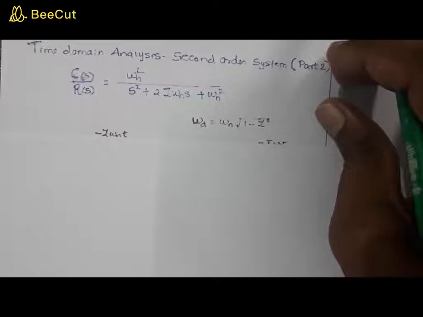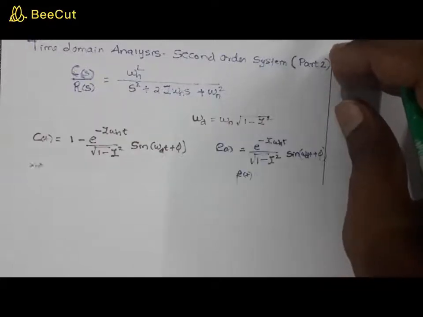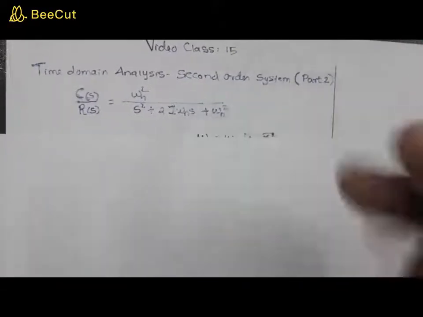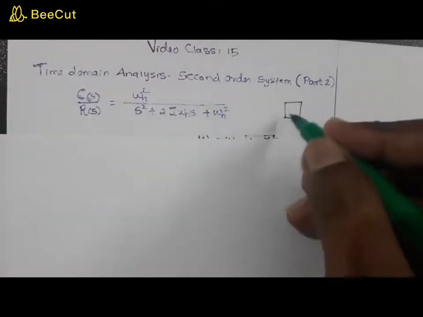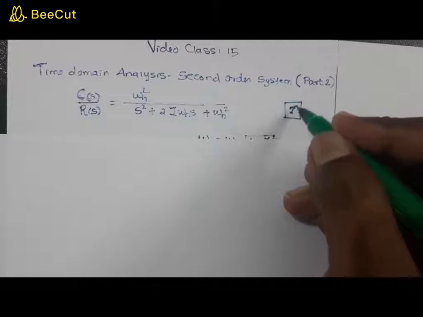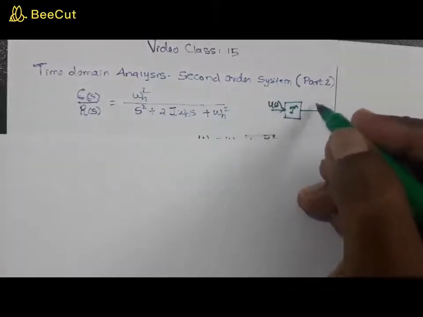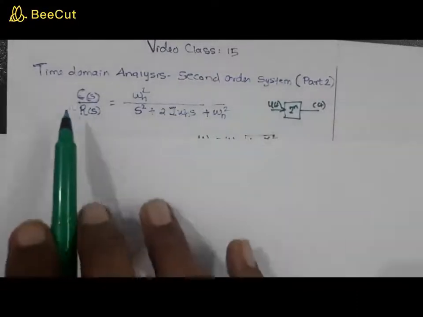Now we also started to derive the response of the second order system for a step input. We considered the second order system with the input as u of t, and we started to derive the c of t by using this expression.